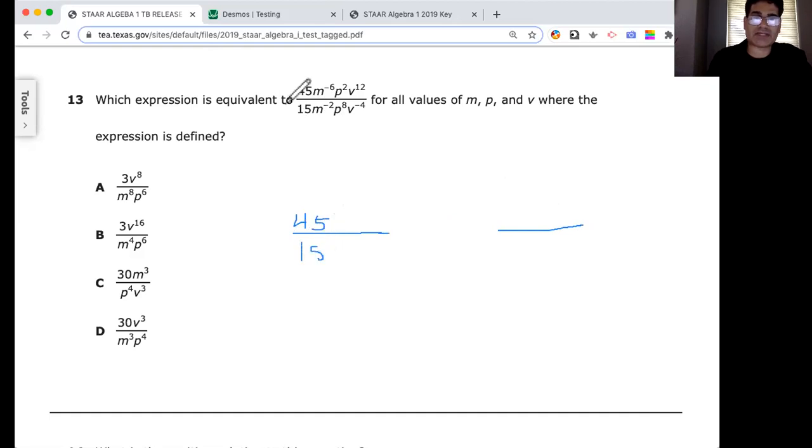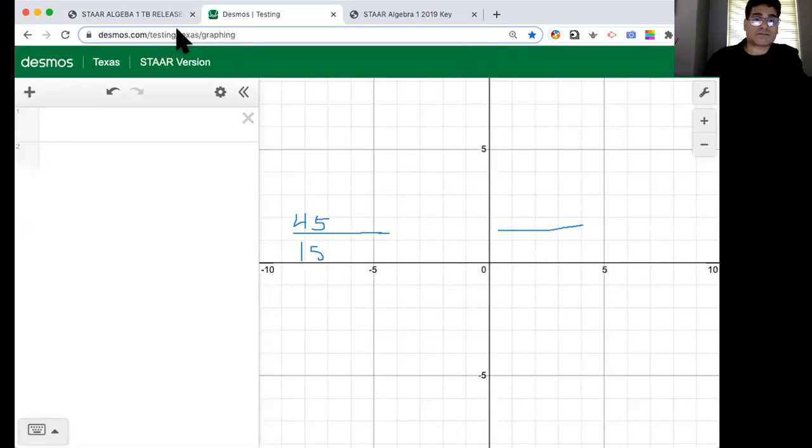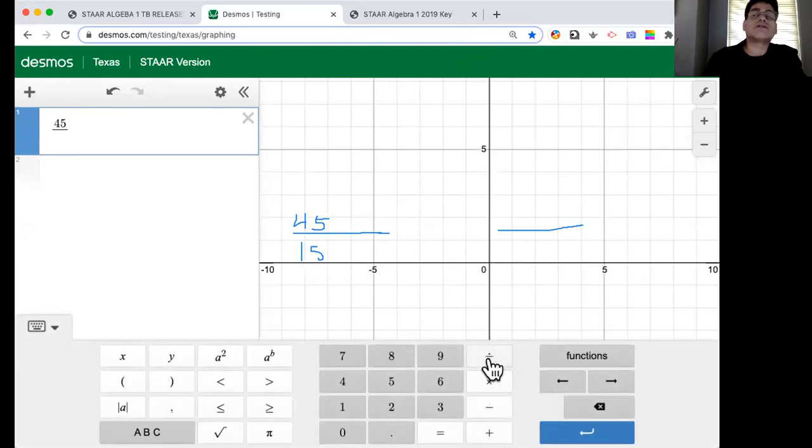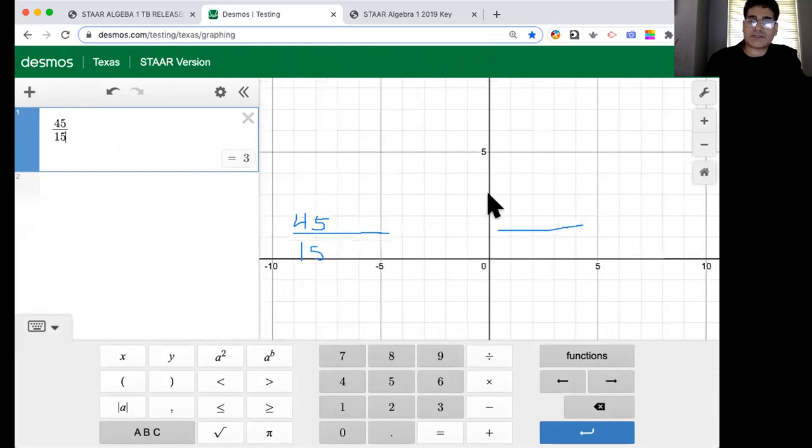And because I have it, I'm going to use the calculator. Let me go over to my calculator. We'll put that over here, and that's 45 divided by 15. And it gives us a 3.